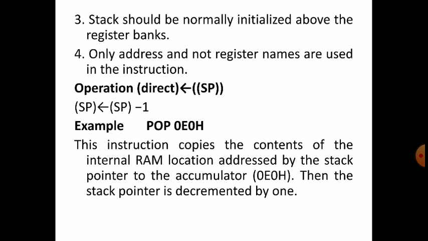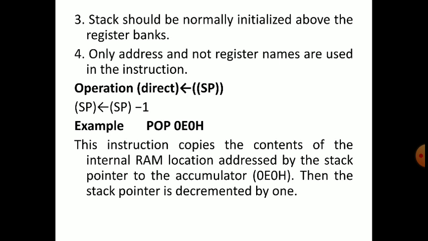And the operation of this pop instruction, that is the stack pointer contents will be copied into the address, and after that the stack pointer will be decremented by 1 because the data is taken out. So it should be pointed to the last data, that is the top of the stack, right? So after execution, the stack pointer will be decremented by 1.